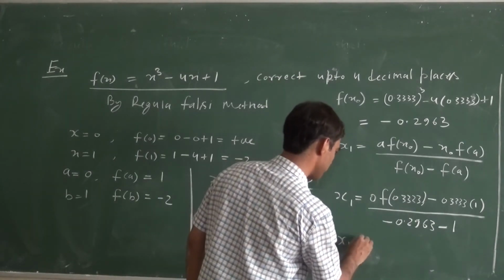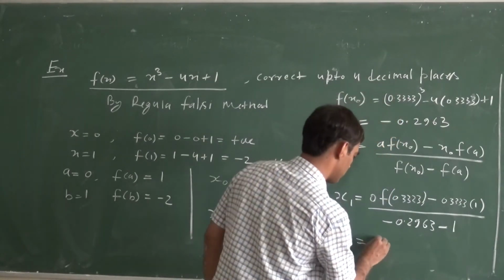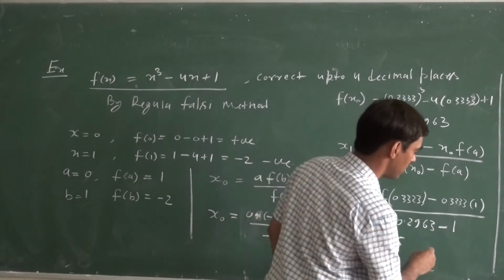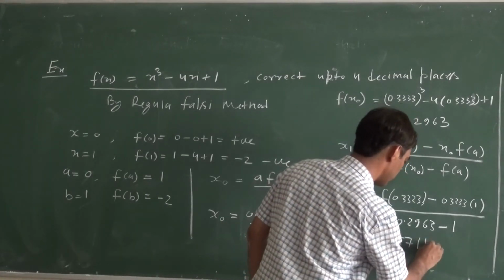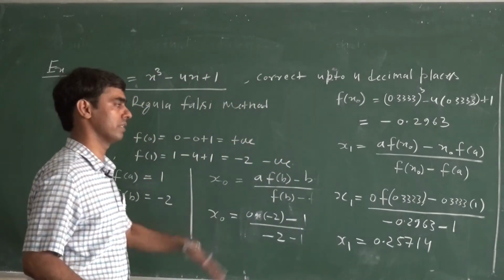If we simplify this expression, the value of x1 is about 0.25714. In the next iteration we repeat this procedure.